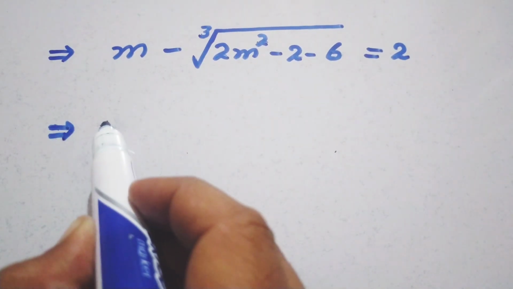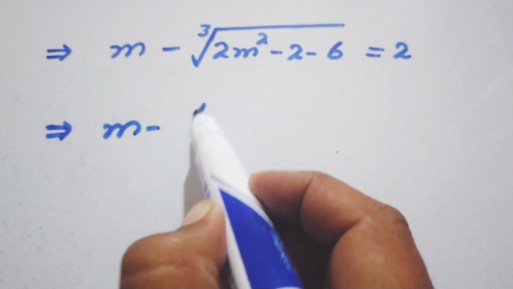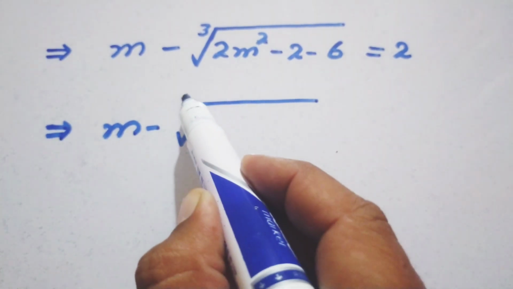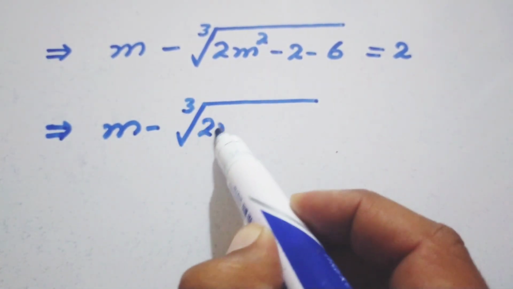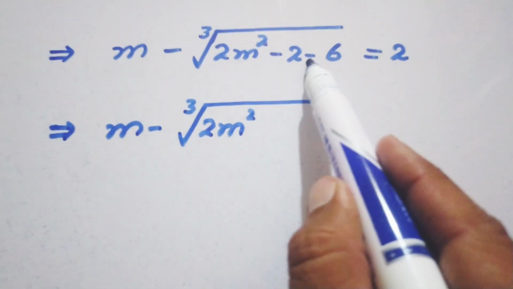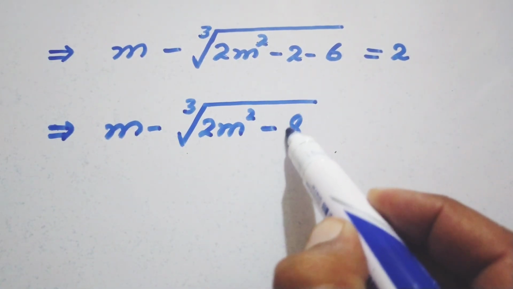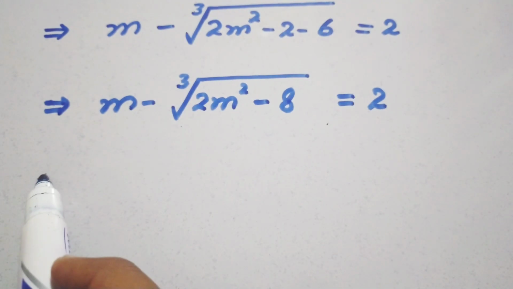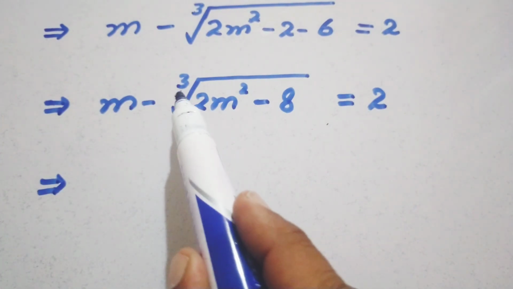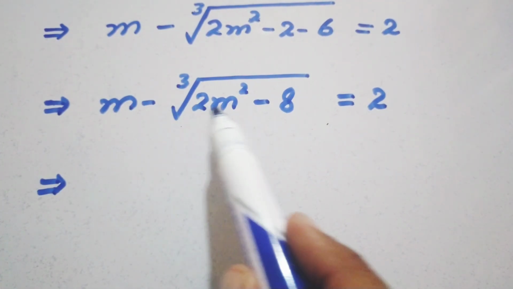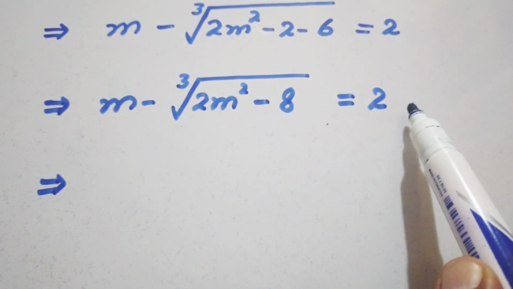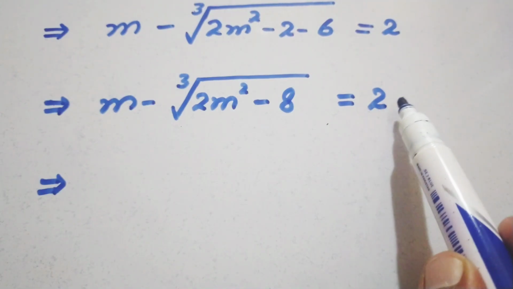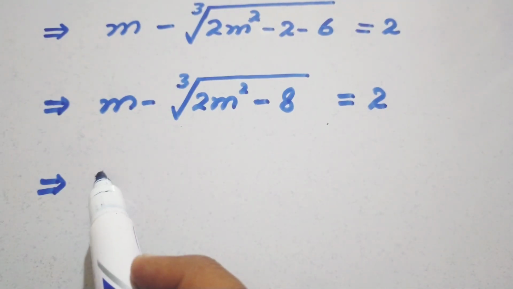This implies m minus cube root of 2m squared minus 2 and minus 6, we get minus 8, is equal to 2. Now we will move minus cube root of 2m squared minus 8 to the right hand side, and we will move 2 from right hand side to left hand side.